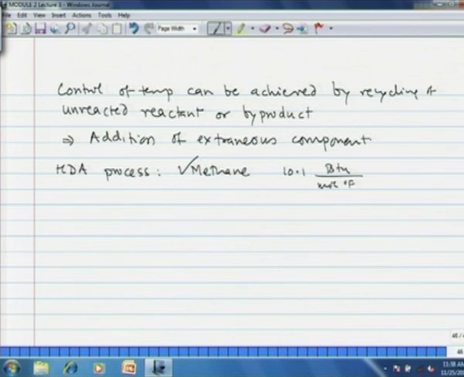We saw that methane was not triggering any side reaction in the process, but because of its relatively high heat capacity, it can help in controlling the temperature of the process. Same thing happens in case of oxidation system. Here nitrogen in air acts as heat diluent.